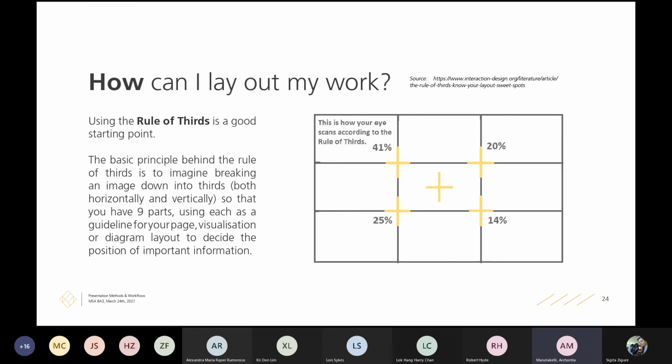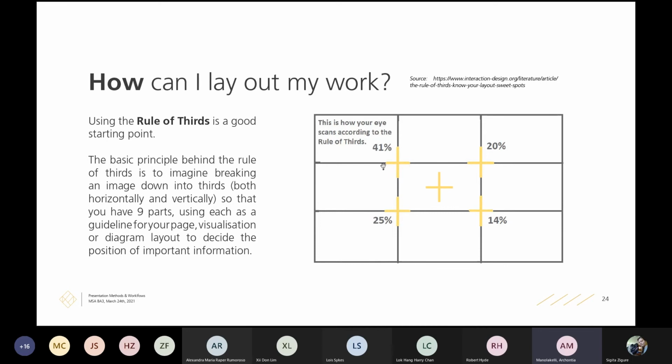As I mentioned before, layout is important. Rule of thirds is something that people tend to use quite a lot in photography, in visualization. You had, I know, a presentation last week, I think, on visualization. So you will have talked about angles and how you position a building within a shot. It's very similar when it comes to layout.